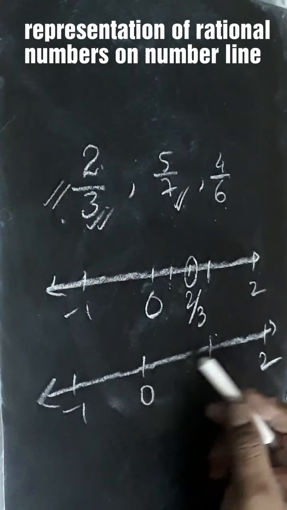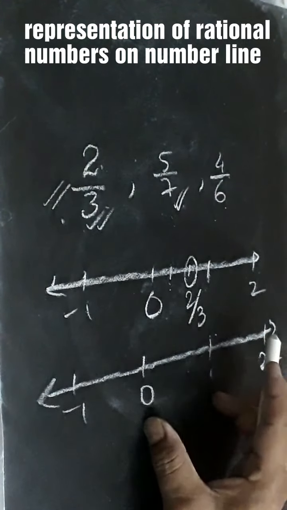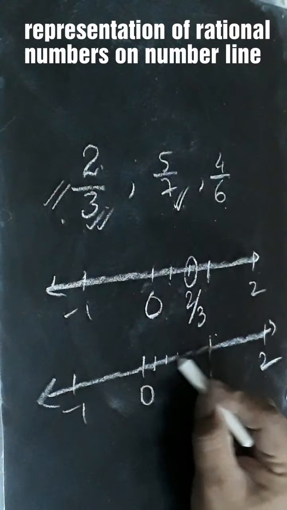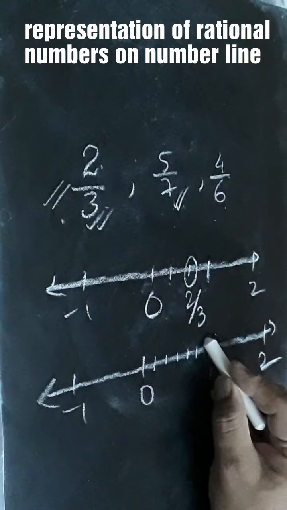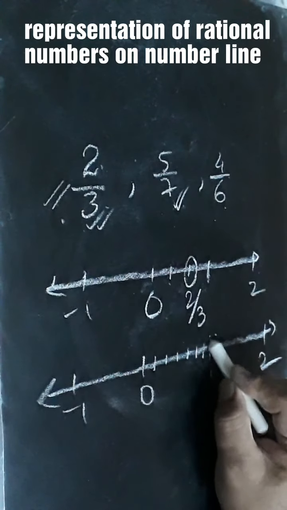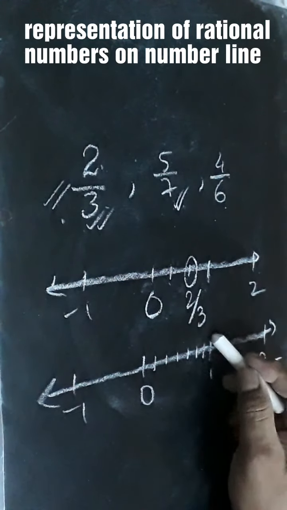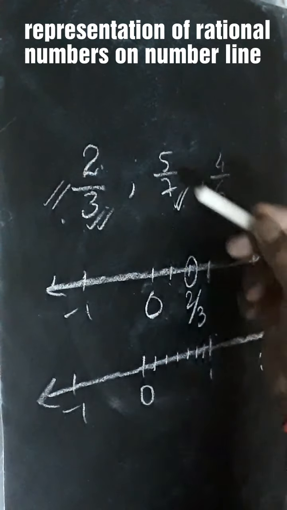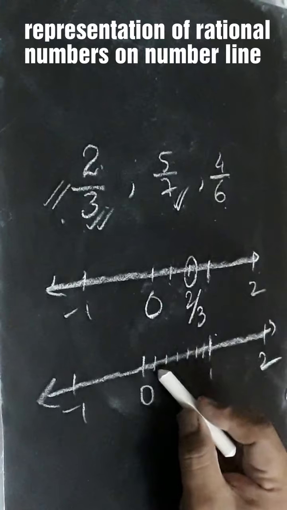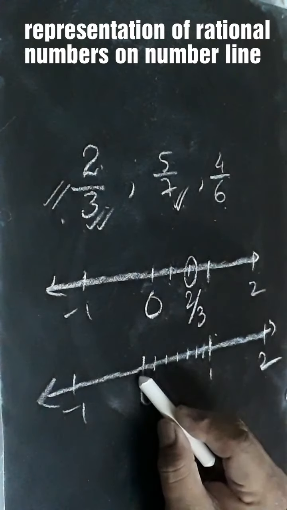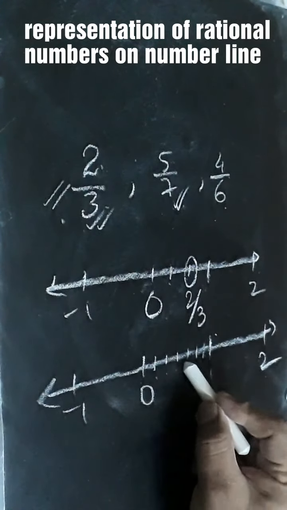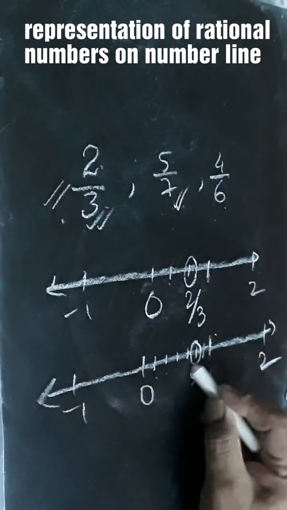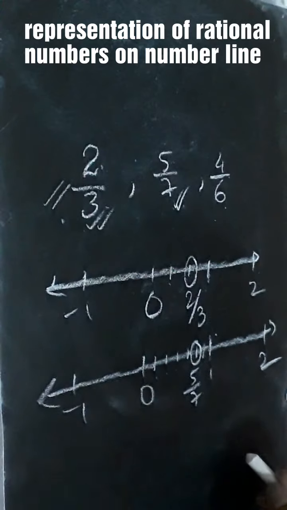Now we have to divide 0 and 1 into 7 equal parts: 1, 2, 3, 4, 5, 6, 7. 7 should be this, number 1. Now the numerator is 5, so we will start counting from here, not here: 1, 2, 3, 4, 5. Therefore, this represents 5 by 7 on the number line.